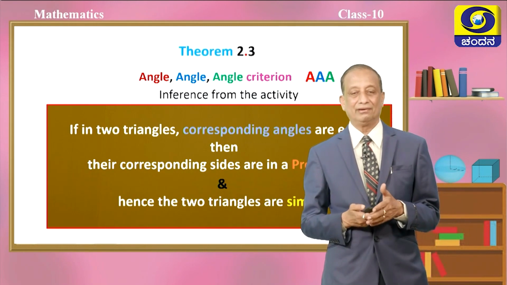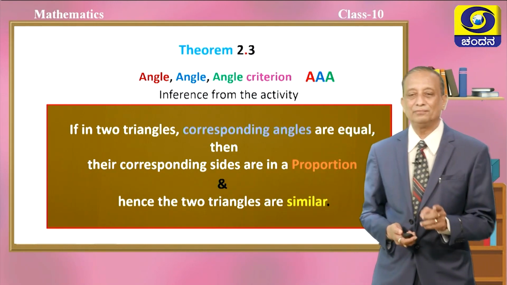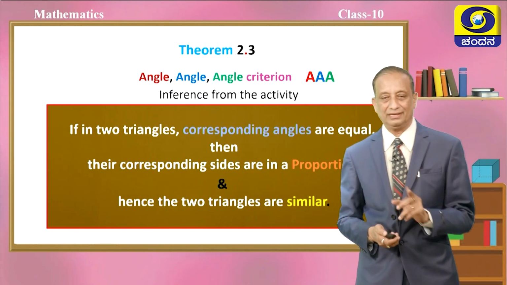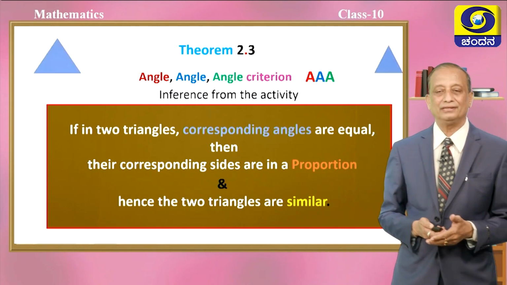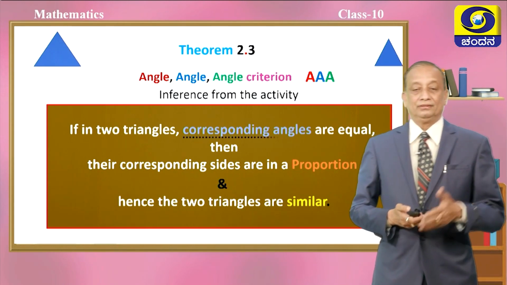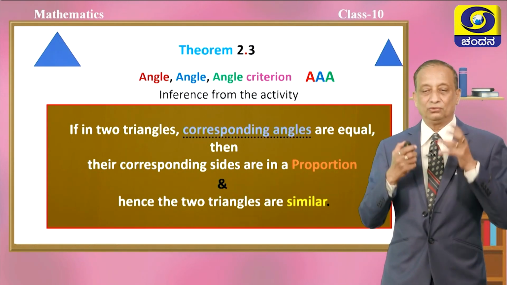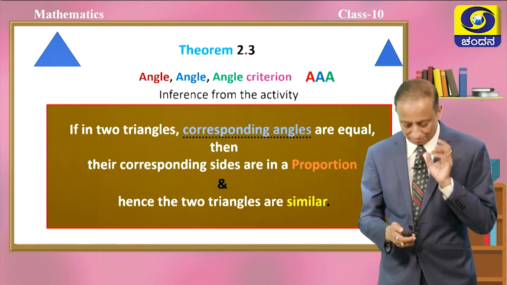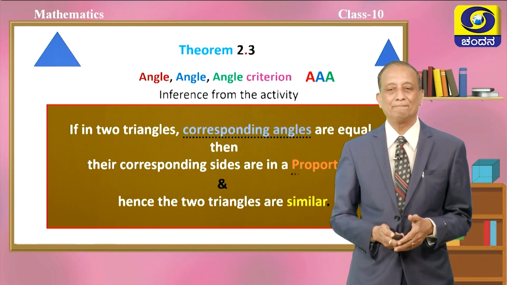And in our textbook, it is given as theorem number 2.3. Then second chapter, then point number 3. So, that is the meaning of 2.3. So, please understand that if two triangles are equiangular, then the corresponding sides will be definitely in a proportion.